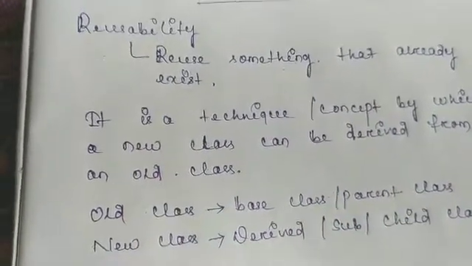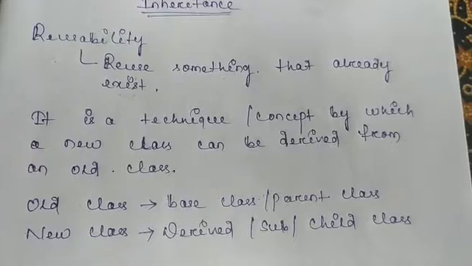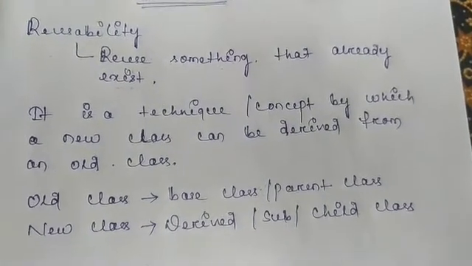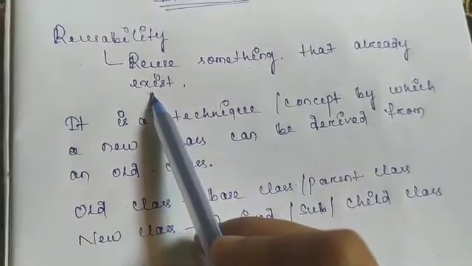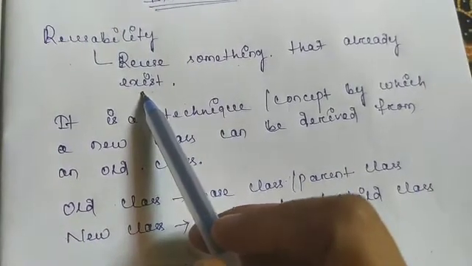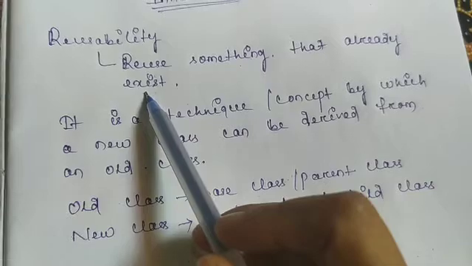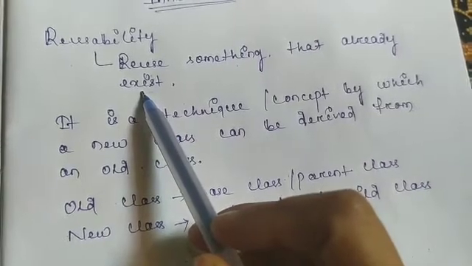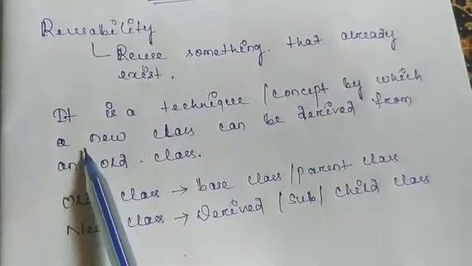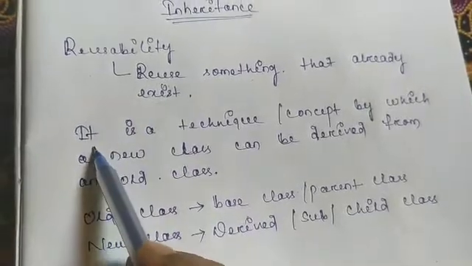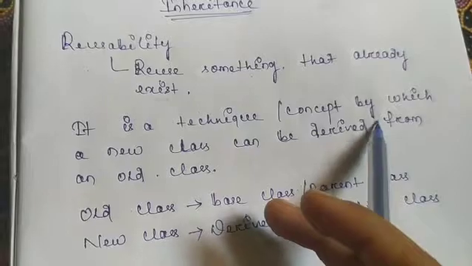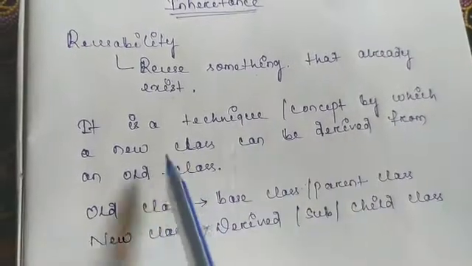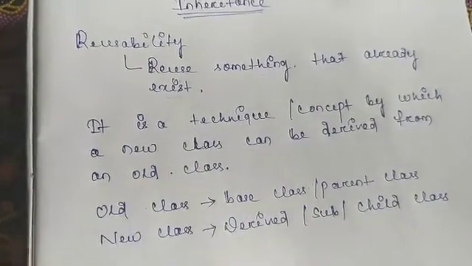Maybe that is a function that already exists, and some characteristics, like you can use a function or a data member of one class in another class. So inheritance is a technique or concept, or you can call it a mechanism, by which you can derive one class from another class.